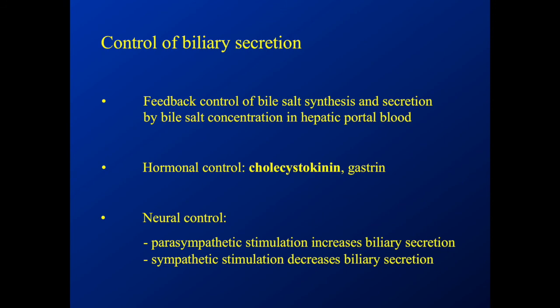Cholecystokinin is the main hormone that promotes secretion and creation of bile salts, and gastrin has a minor role. And then it's obviously under neuronal control, similar to the scheme of the general gastrointestinal tract. Parasympathetic stimulation increases the secretion of biliary juices, and then the sympathetic stimulation will decrease that.